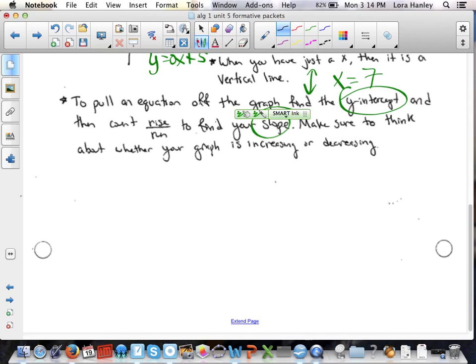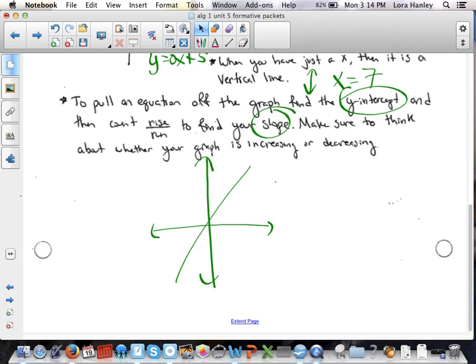Well, you're using rise over run if you have a graph, so you can make sort of a right angle. Let's say I have 2 points on this line, and I want to find the slope between them. Well, the slope will be the same between any 2 points on the line. You may have to reduce it, but it will be the same.